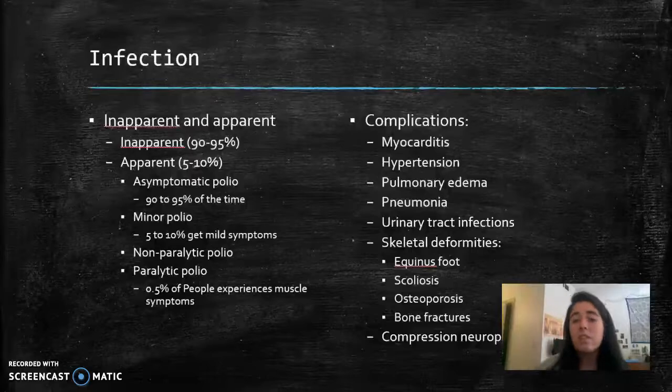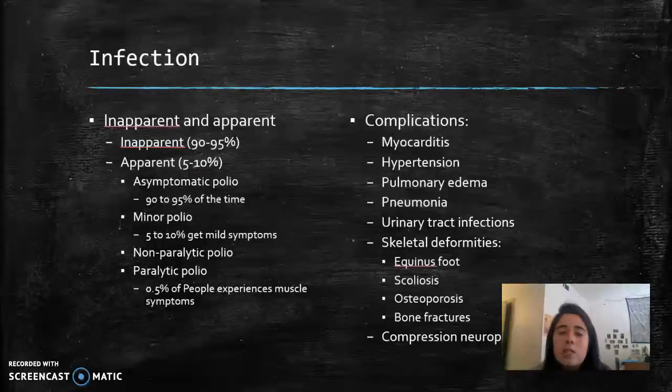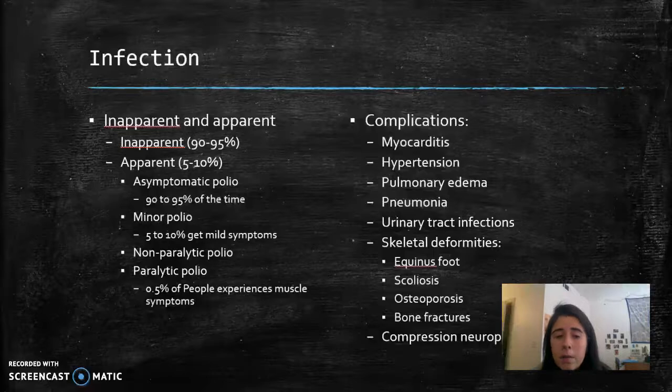Now, the infection can be inapparent or apparent. Inapparent is 90 to 95% of cases, and apparent is 5 to 10%. If you have asymptomatic polio, which is 90 to 95% of the cases, you can have minor polio, which is 5 to 10%, and you get just mild symptoms like your basic immune response.